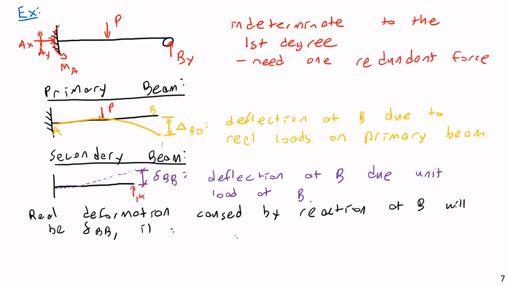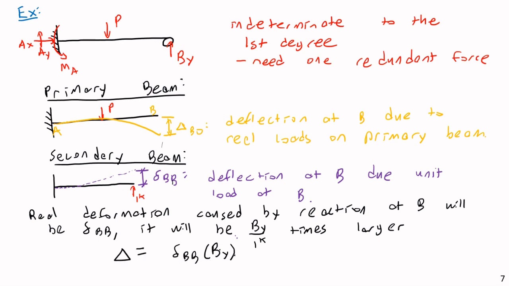It will be basically BY over 1 kip times larger, or we can simply say that delta BB times BY. The actual real delta, the delta caused by the actual BY, is lowercase delta BB times your reaction there.